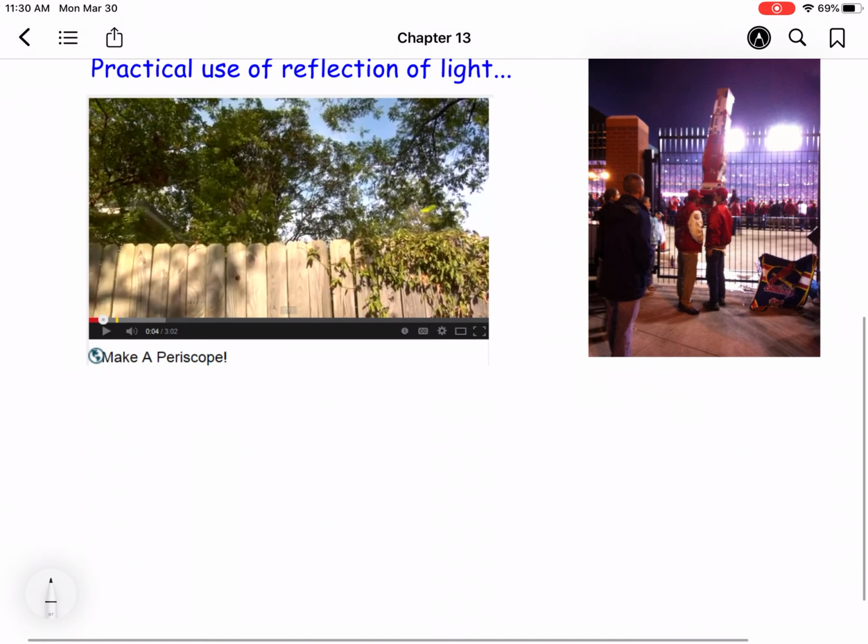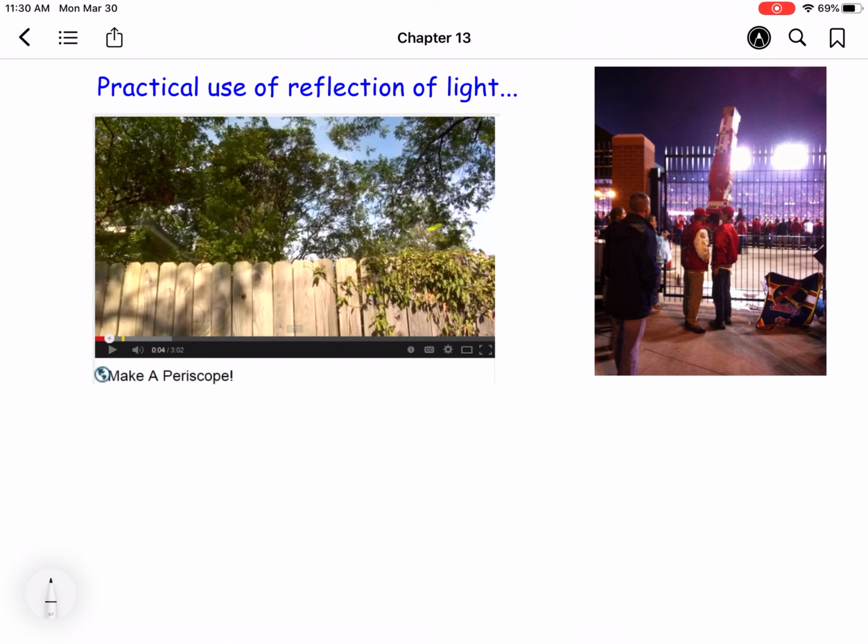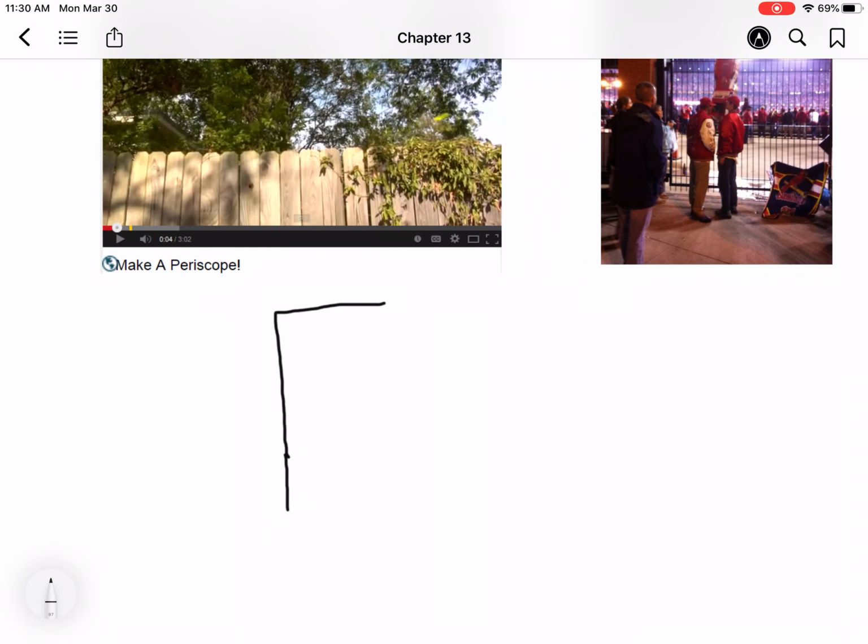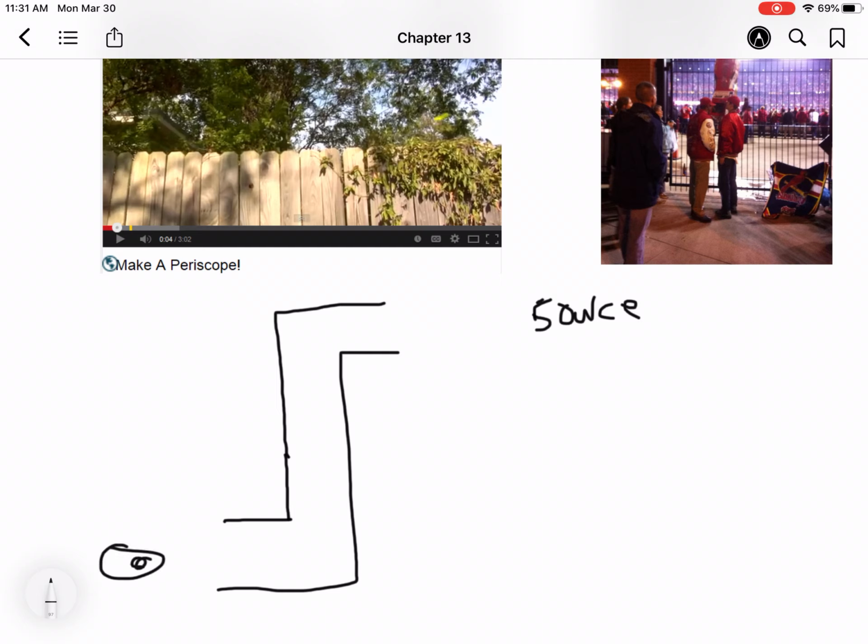You can also look at a practical use of reflection, the periscope. Periscopes are a relatively simple idea, and they're used predominantly in submarines. It's this kind of shaped object, and you have some object or light source, and then you have an observer with an eye.